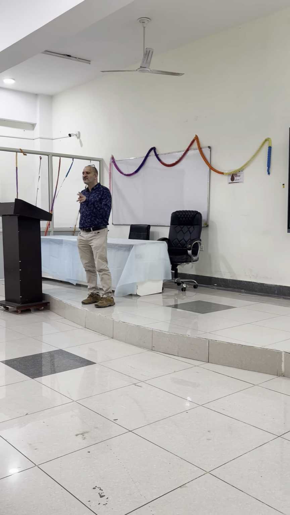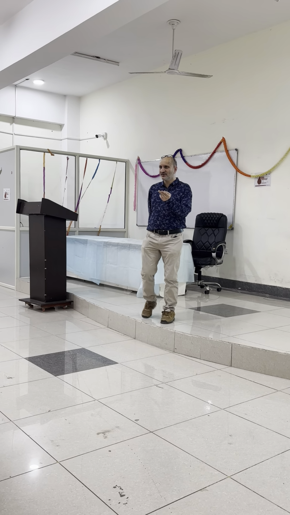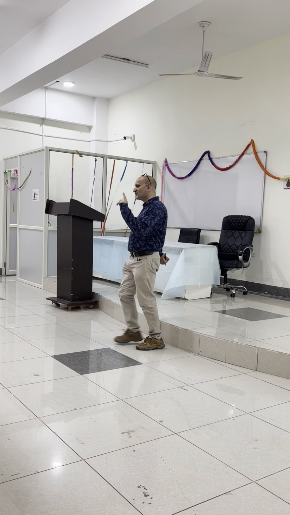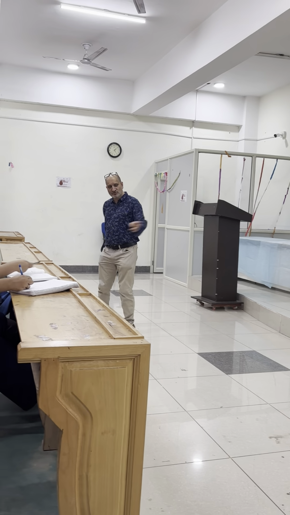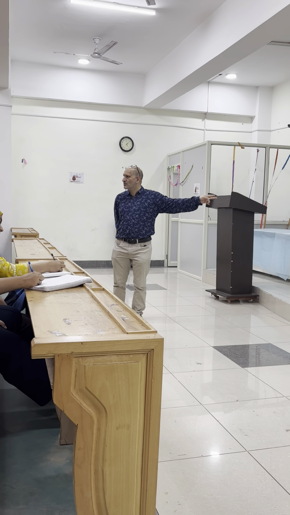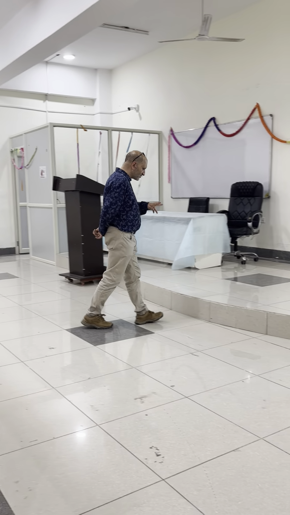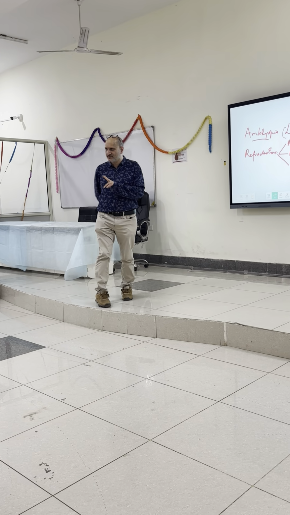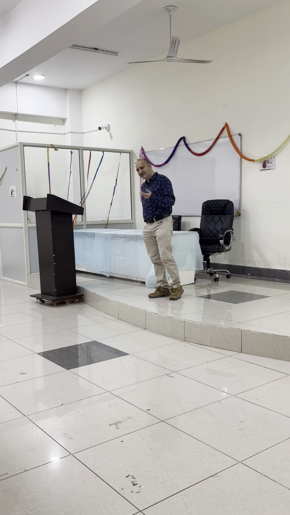And remember, refractive errors are the second cause of blindness. First is cataract, and the second cause of blindness is refractive error, because of amblyopia. If somebody asks you what is the number 1 cause of blindness, tell cataract, and number 2, refractive error.